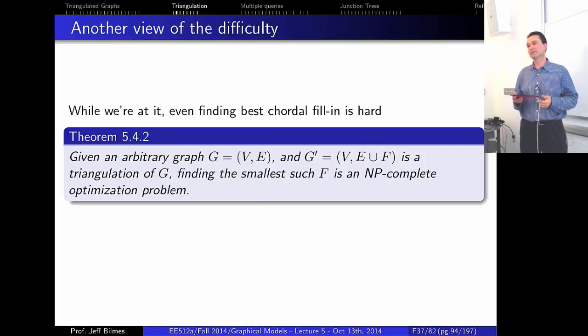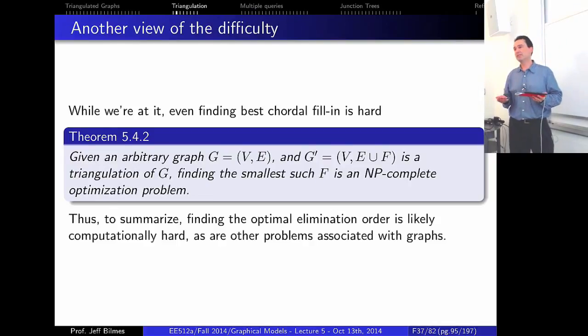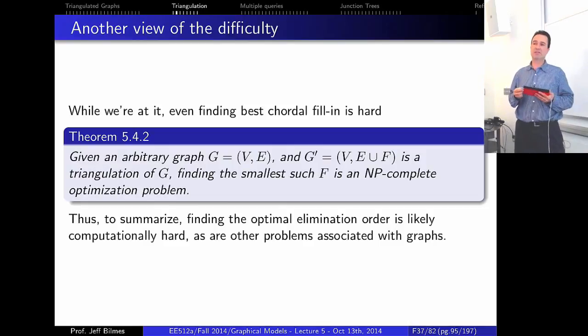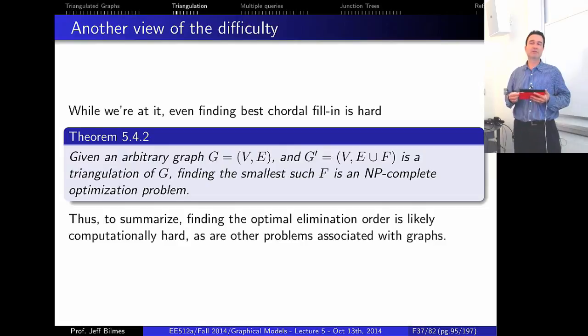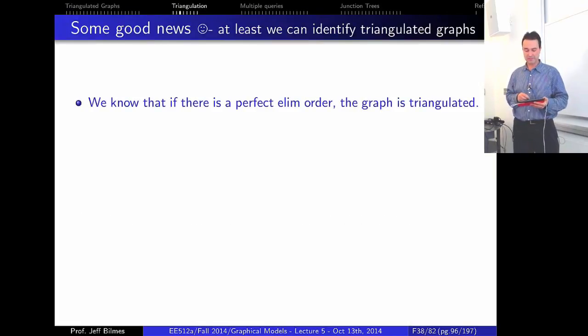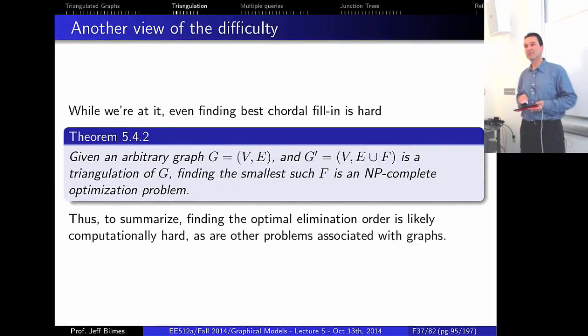That's also hard. So we're really dealing with a range of problems, namely finding how best to do inference, exact inference in graphical models. We're dealing with a problem that's very, very hard, unless P equals NP. Okay, so that's the bad news, generally.